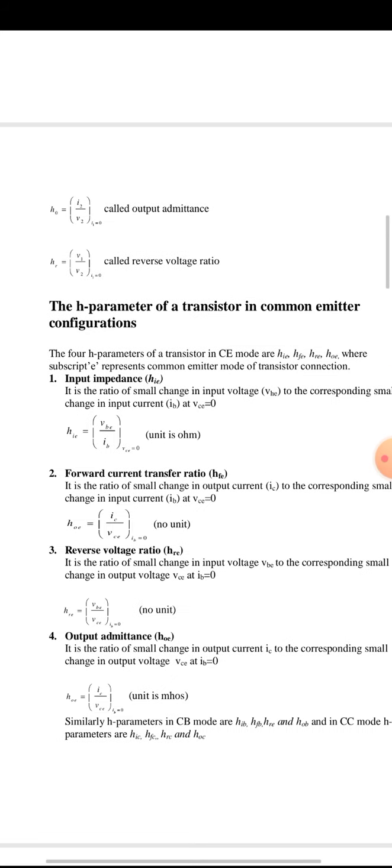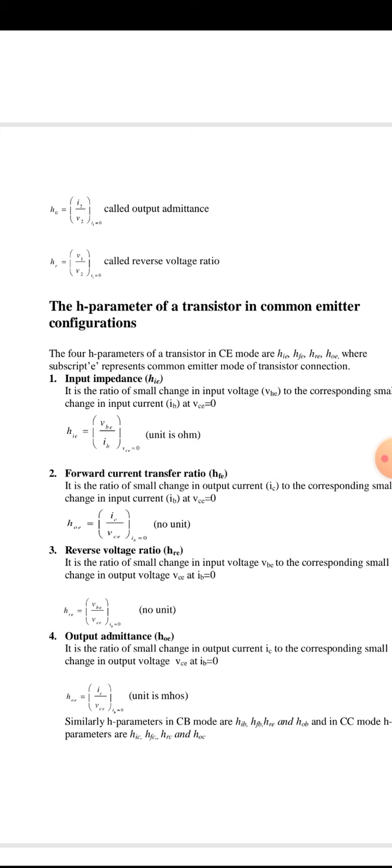Then the third parameter, reverse voltage ratio. For the calculation of reverse voltage ratio, the input side is open, meaning the input current IB is equal to 0. It is the ratio of a small change in input voltage to a small change in output voltage.